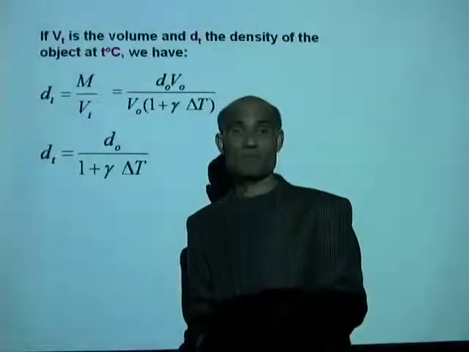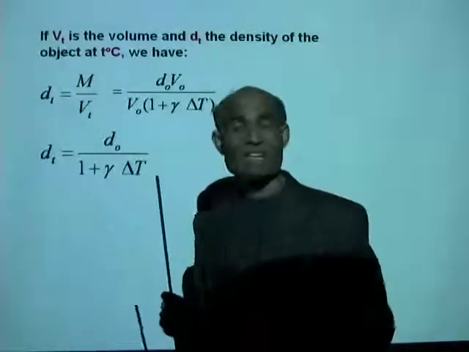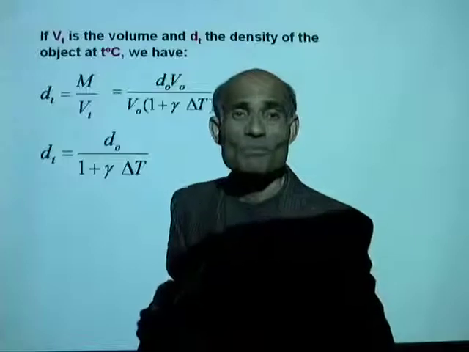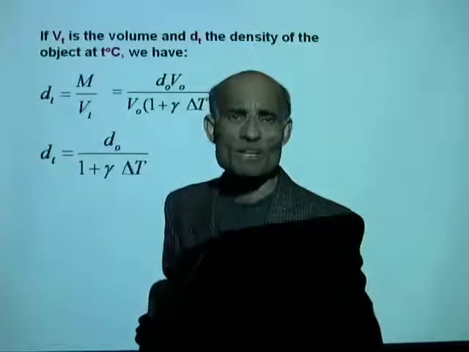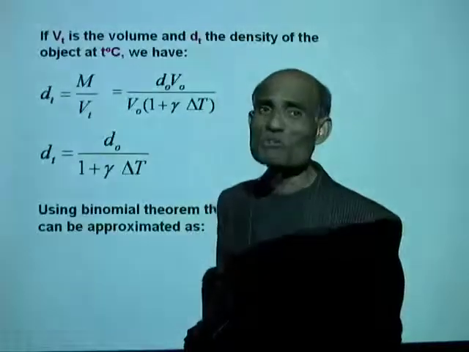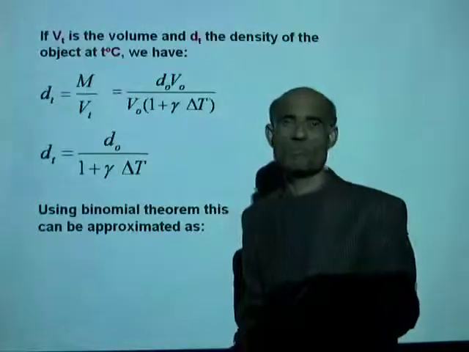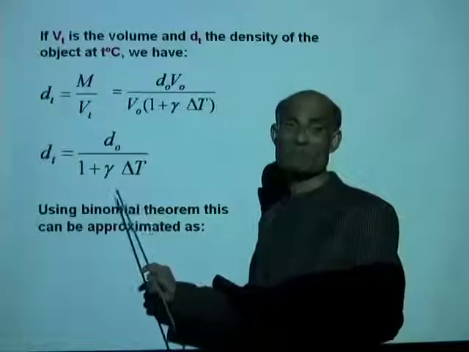We can write this in a simpler form by using the binomial theorem. Well, I don't think many of you know binomial theorem. I'm going to give you simply that approximation.